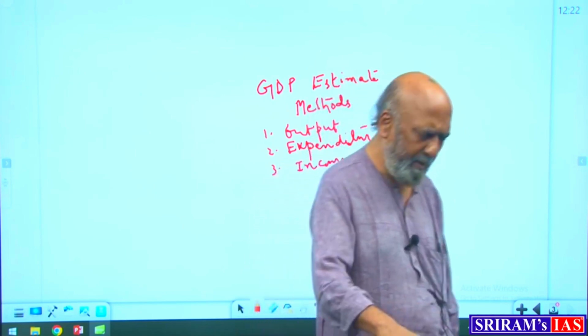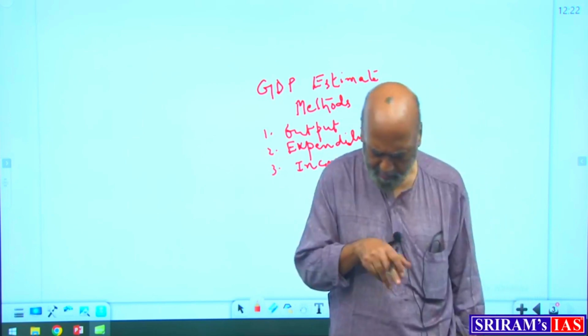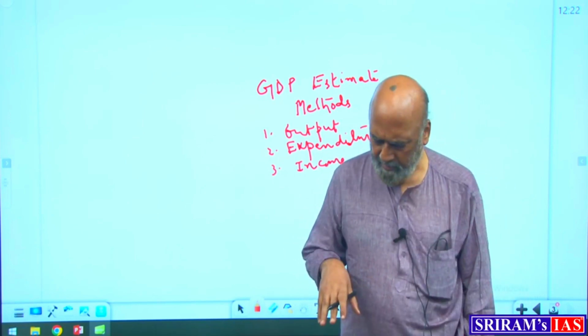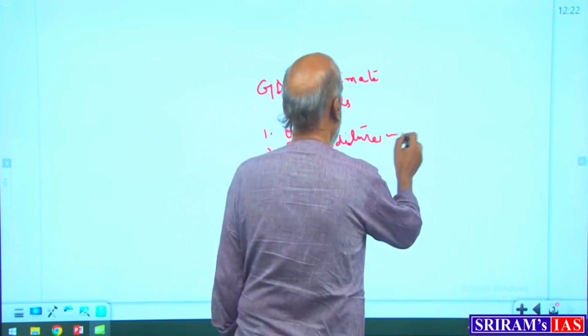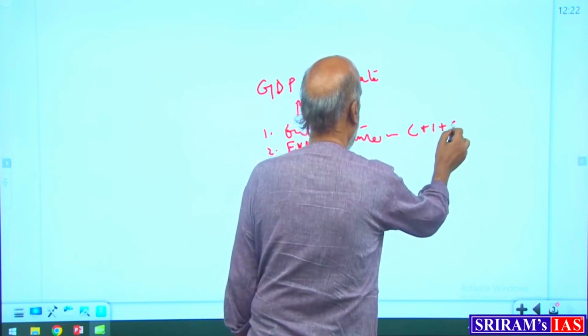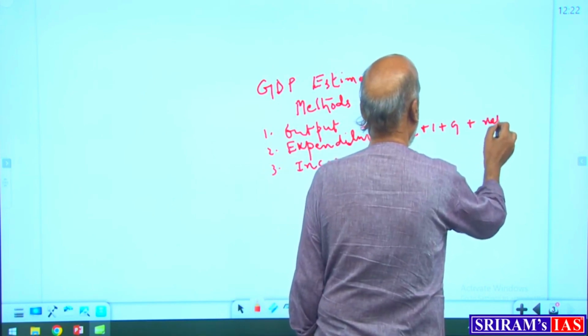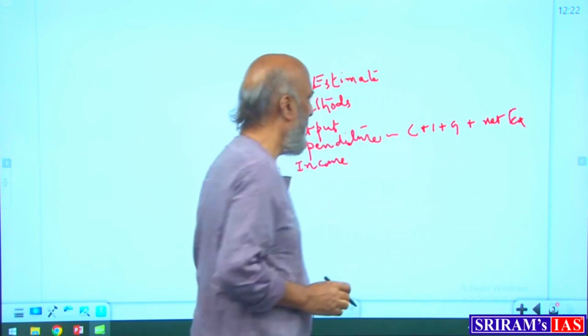One is big enough, the other is not so big. Private consumption is 60%. C, I, G, Net X.